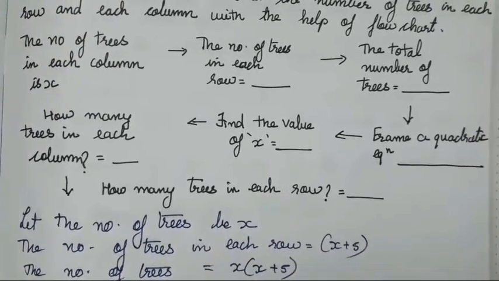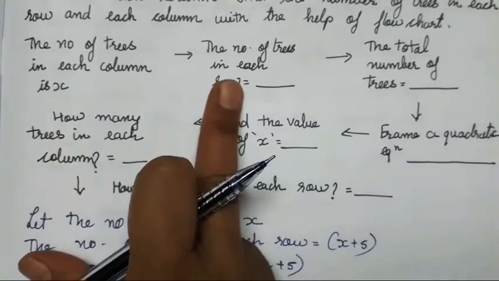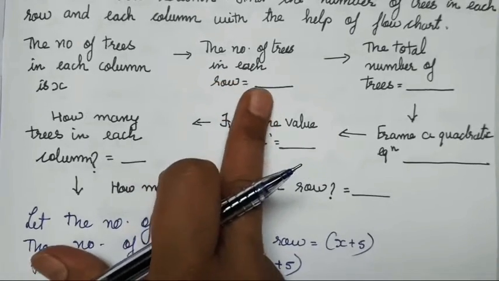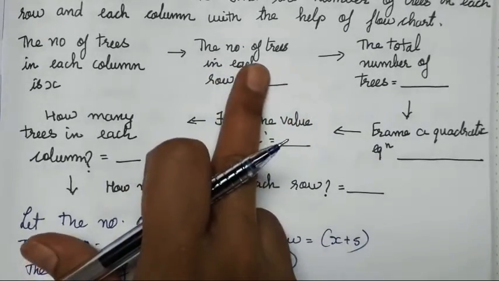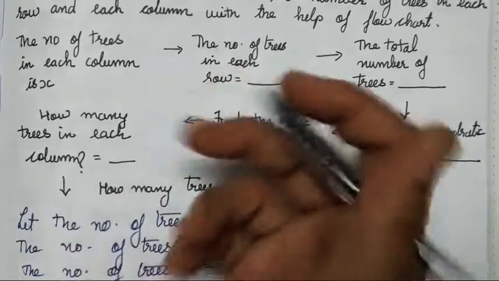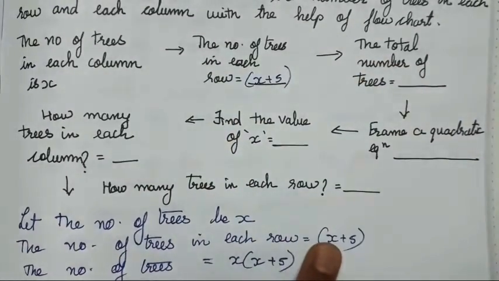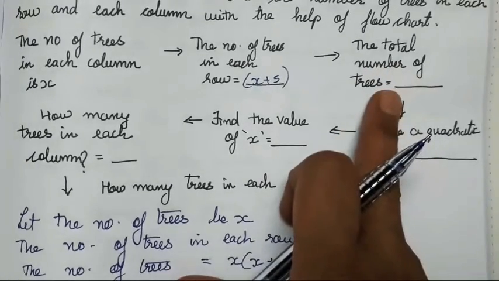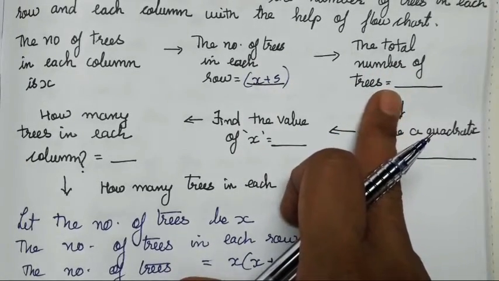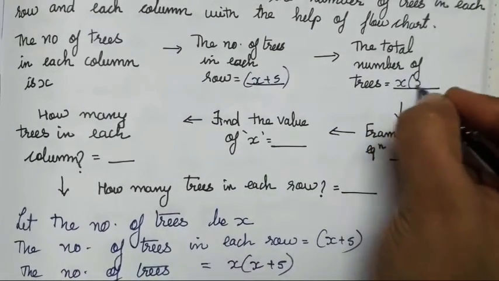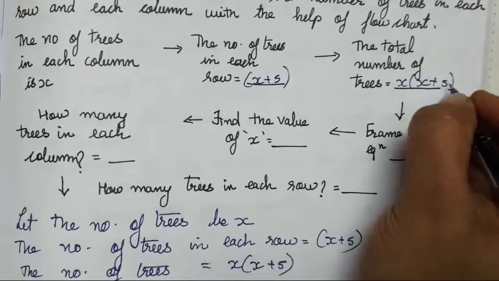Okay, now one more thing you all have to do, you all have to fill in the columns that have been given. So you all have to first understand and then write the answer. After finding the answer, you all have to write the number of trees in each row. What was the equation? X plus 5, isn't it? We have taken it. The total number of trees were how much? X, we have taken it over here, x plus 5.